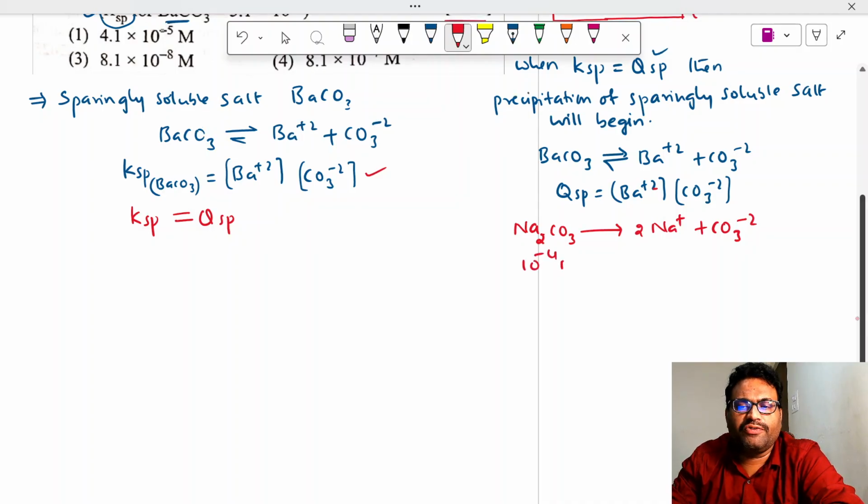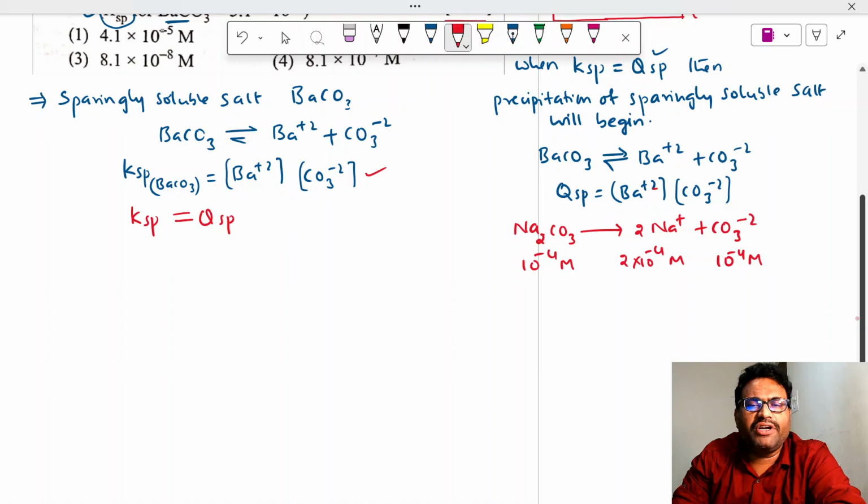As it dissociates completely, the concentration of sodium ion is 2 into 10 power minus 4 molar, and the concentration of carbonate ion is 10 power minus 4 molar. Now we know the carbonate ion concentration and I want the Ba plus 2 concentration, under the condition that the precipitate begins to form.